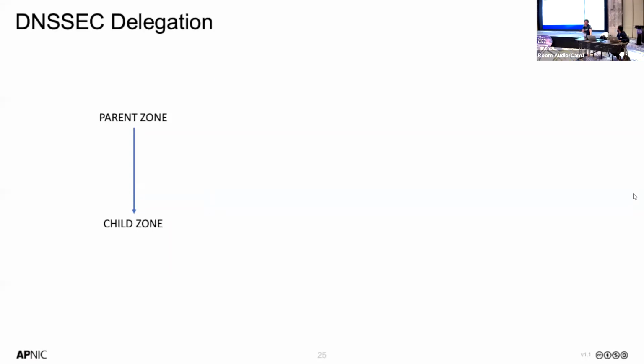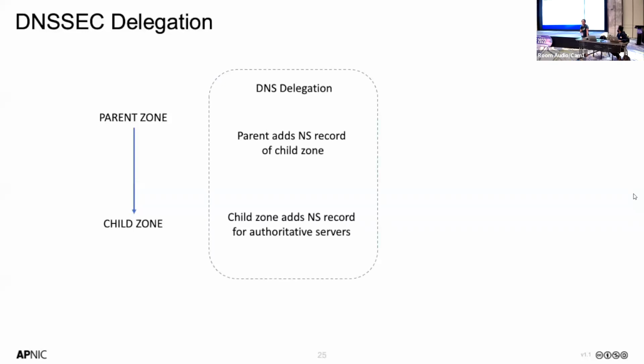Just very quickly, we've touched on DNSSEC delegation, or DNS delegation, which is from the parent to the child zone. Essentially, the parent adds the record, that's an NS record, to the parent zone. And then the child zone adds NS records for all the authoritative name servers, plus all the records in that child zone.